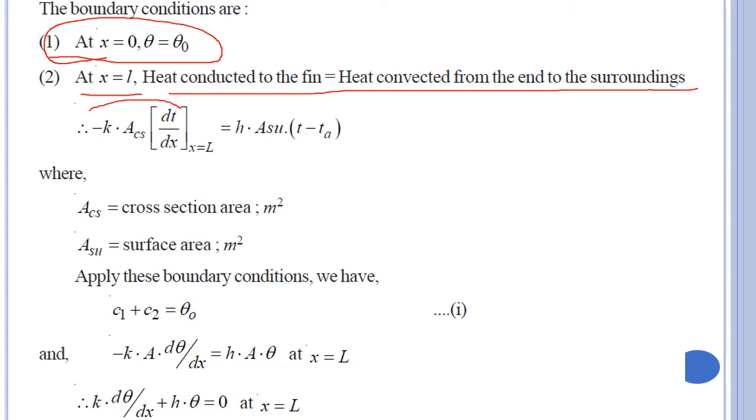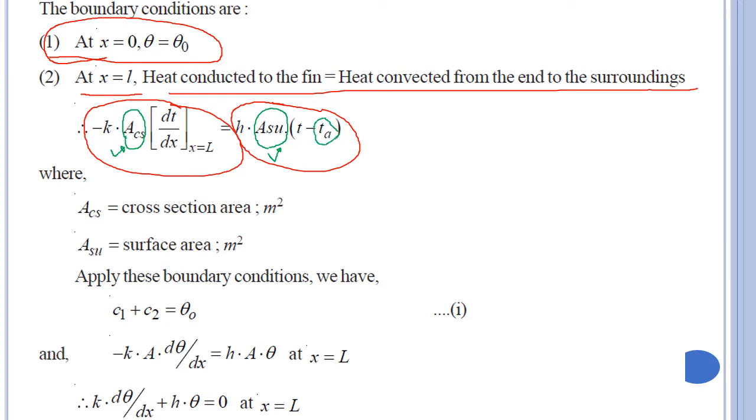That is minus K A dT by dx equals h A delta T. A very important thing to discuss here is that one is a cross-section area and the other is a surface area, so you should take care of this part. One is the cross-section area for conduction and for convection there is a surface area. This is a very important difference.